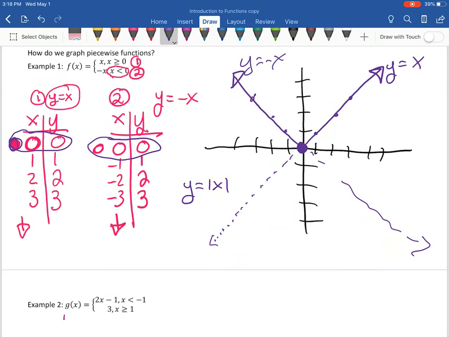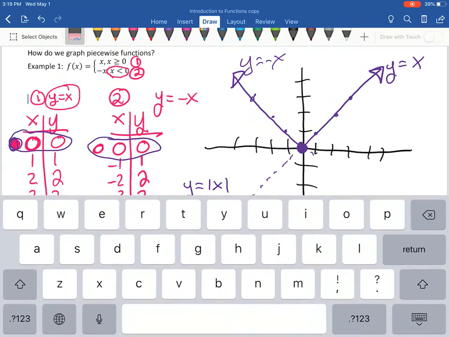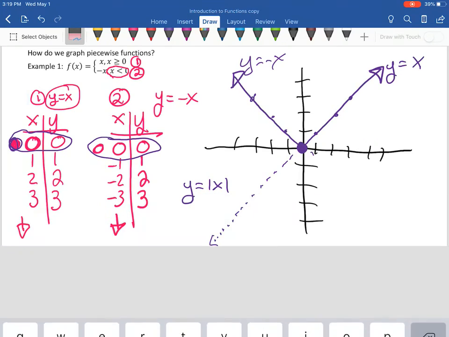But since we only want when it's positive, we only use what's above the x-axis, and we take off what's underneath, which is what leaves us with the definition of the absolute value, which is this piecewise function. And then we don't use this bottom stuff here, so I'll erase it again. I just wanted to show you how that works.